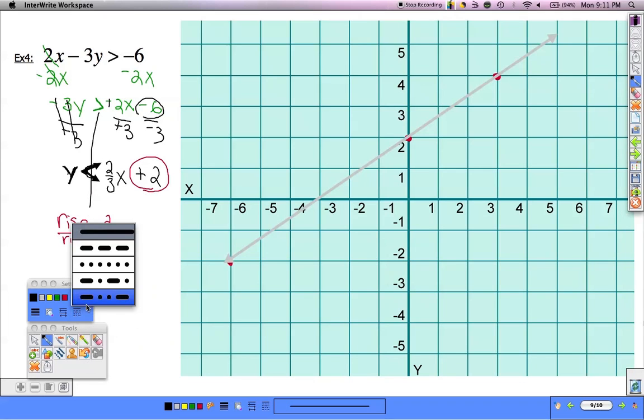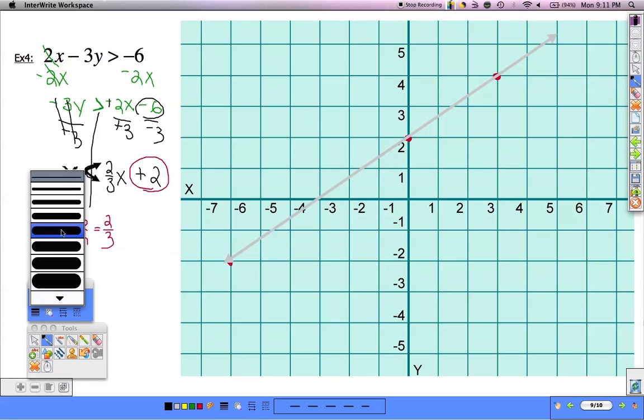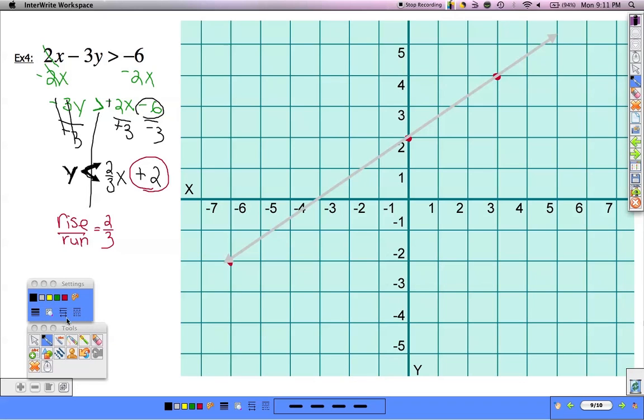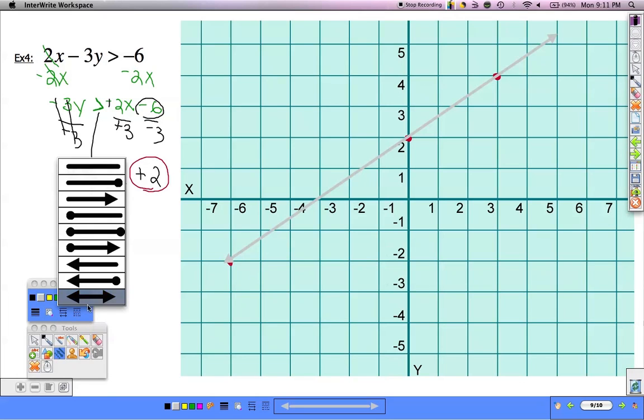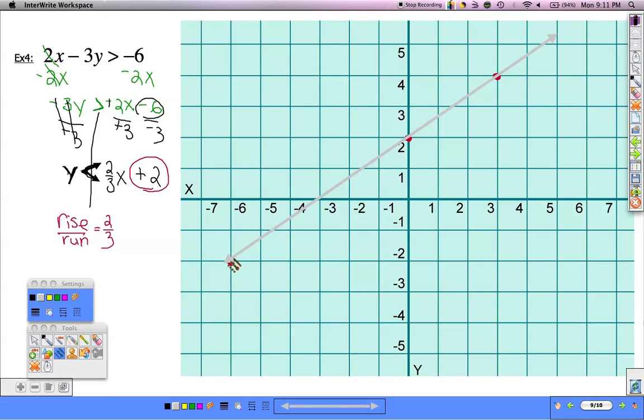So you're just going to use a dashed line and fill in much darker now over the line you used. Just drawing a dashed line to show that you're not including the line.